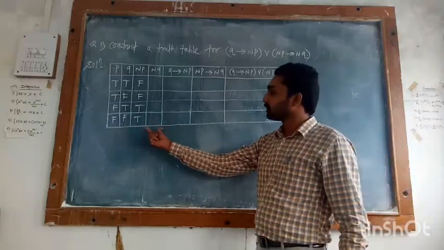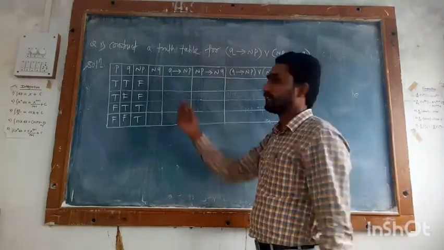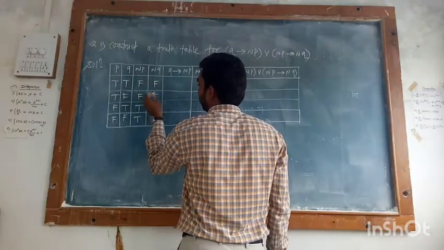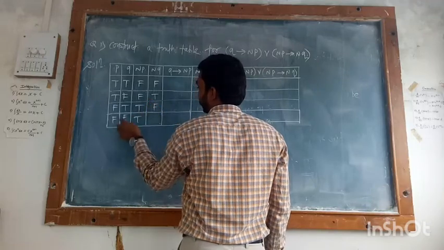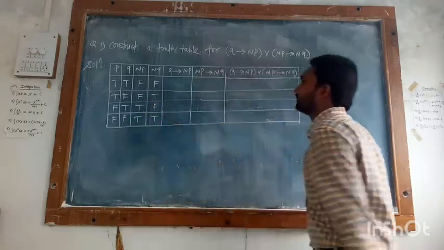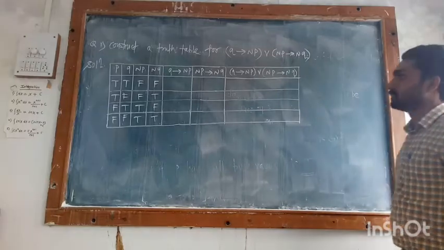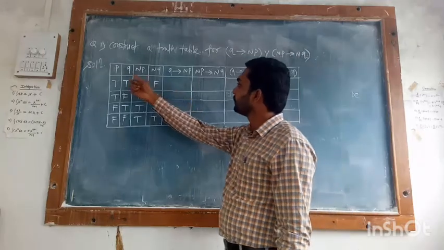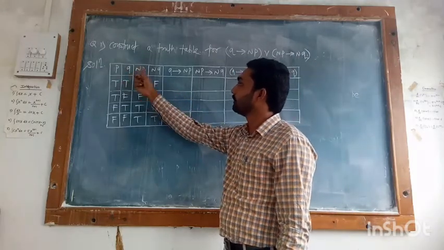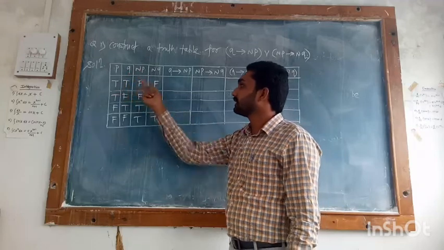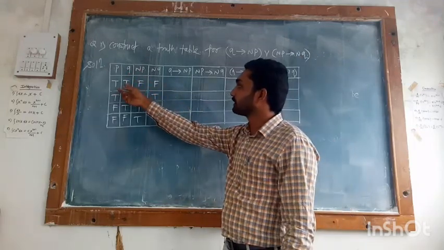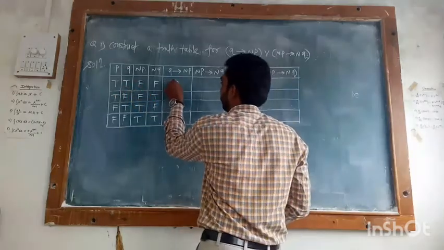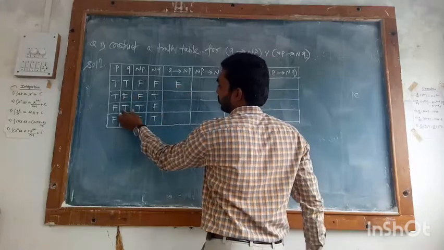This is the 3rd column. Your column number 4 contains negation Q. Negation of T is F, negation of F is T, negation of T is F, negation of F is T. Next column, we prepare Q implies negation P. This is your column number 5. In a conditional statement, if the first value is T and the second value is F, that is TF, the result is F. Check where there is TF.